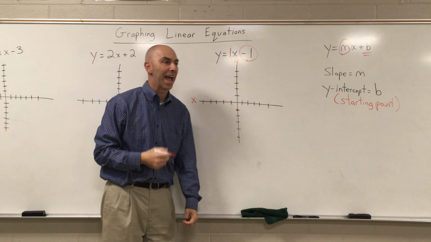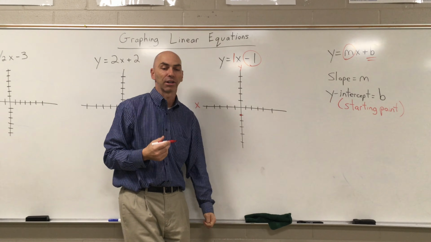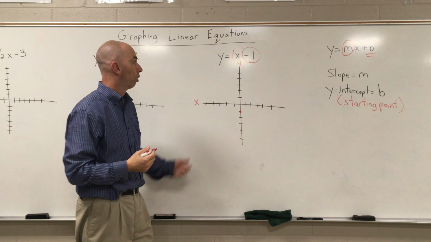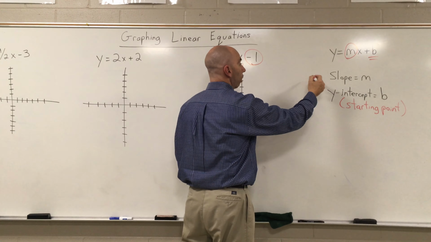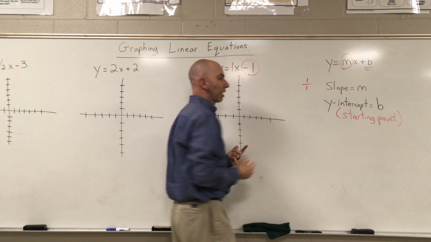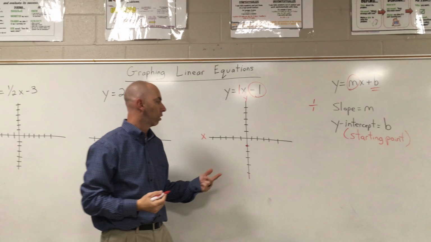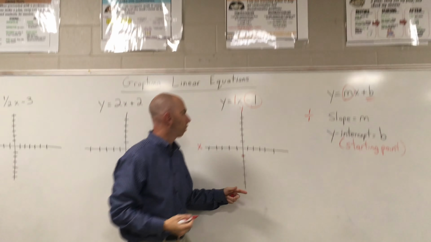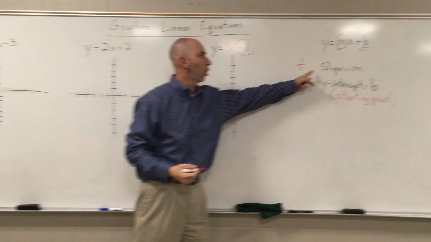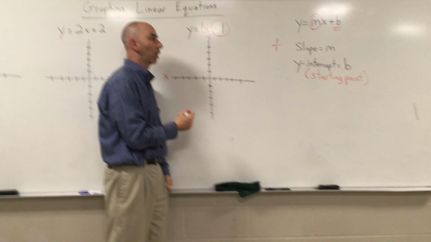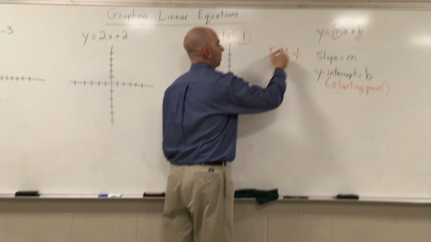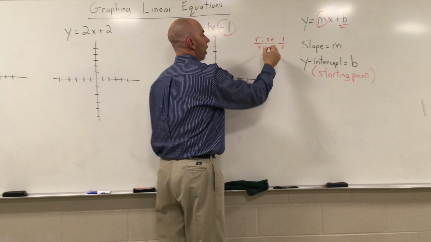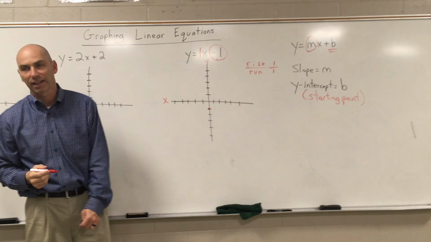Now, we want to put it as a fraction. We actually would like fractions when we're dealing with slope. So, what's the fraction of 1? 1 over 1 is the fraction of 1. So from here, that's your starting point, the y-intercept, and the slope is 1. Slope is rise over run, so we're going to go up and down first, left and right second.